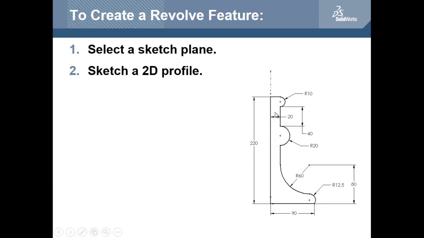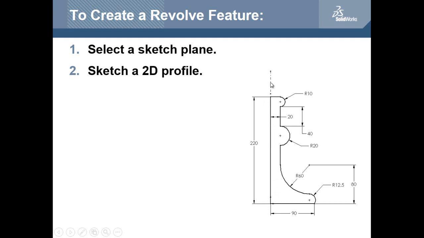If you follow your directions in your tutorials, this is what the two-dimensional profile on the front plane of the candlestick holder would look like. And then you will start on your center point here, and then you're going to revolve around this line.